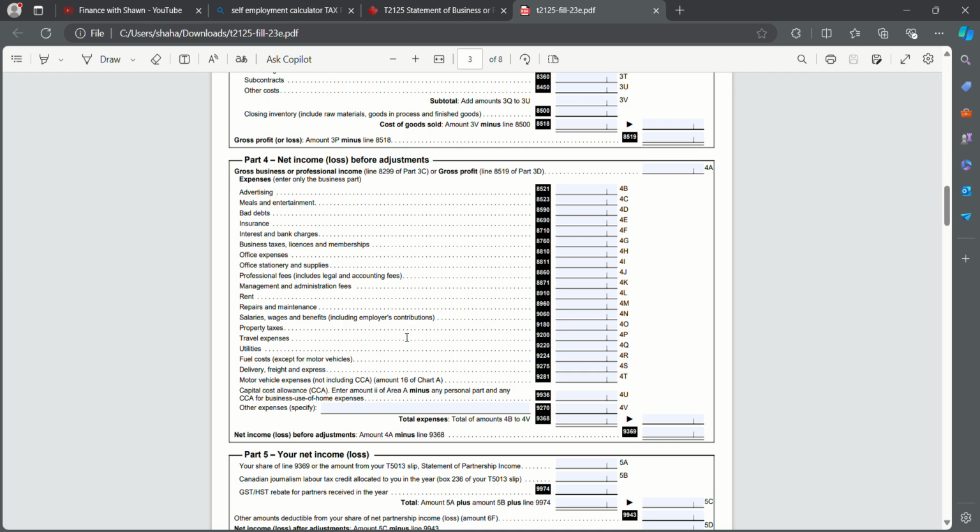Usually it's 10% of your full space, depends where you're living. On property tax, it would be on the interest charged to you on the mortgage. Sorry, property tax would be your taxes that you get, but on the mortgage, you would actually be able to take 10% off of the interest that's charged to you.